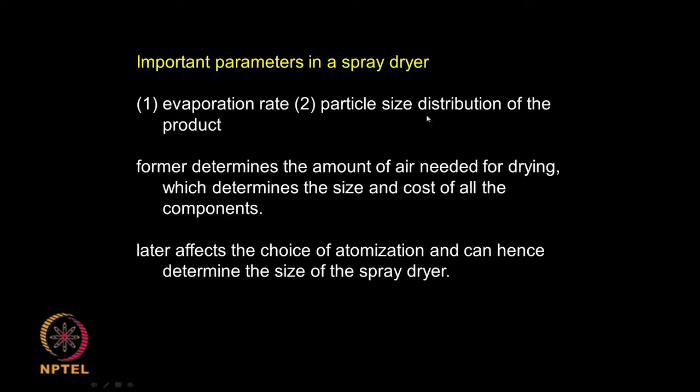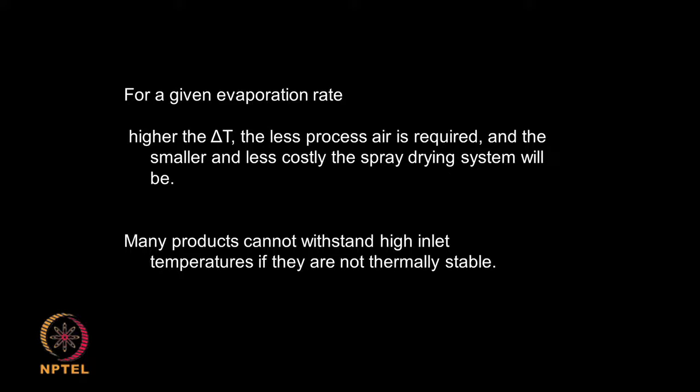The particle size distribution affects the choice of how to do the atomization. So, that will tell you the size of the spray drying unit. The former will tell you the size of your air handling system, the latter will tell you the size of your spray drying chamber.